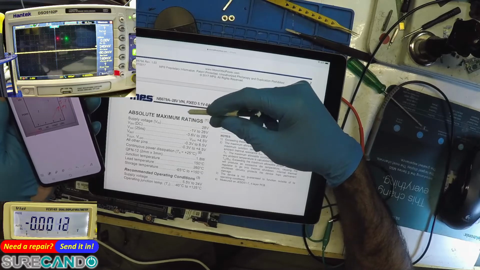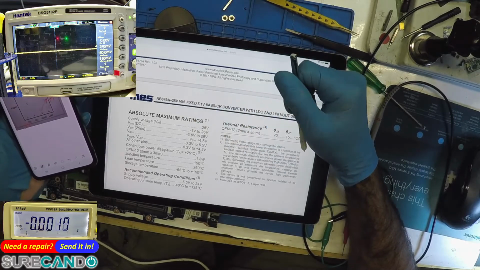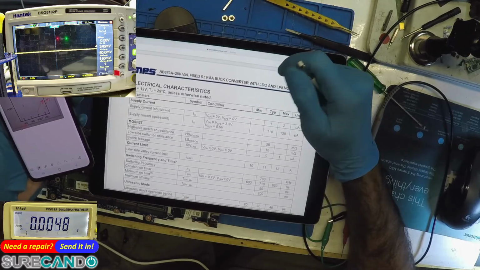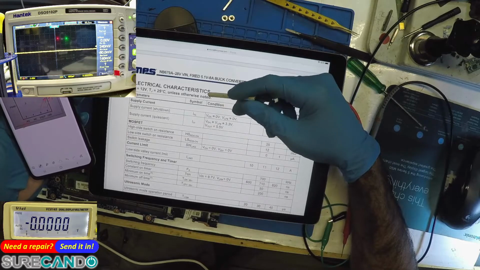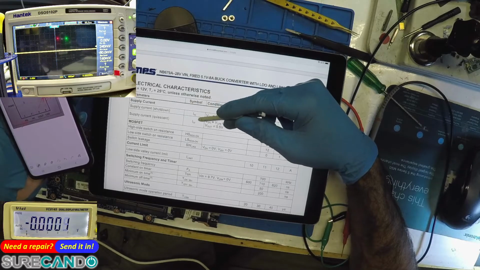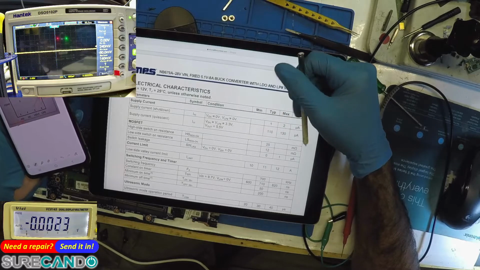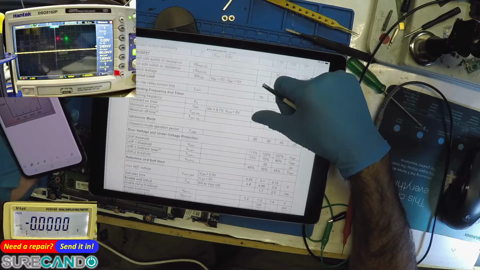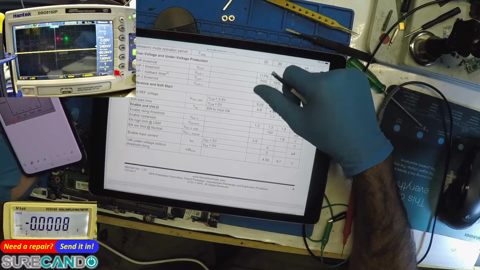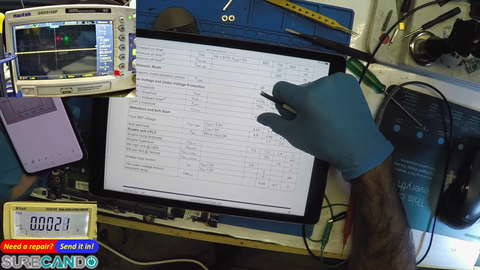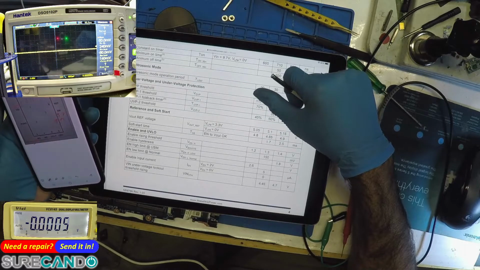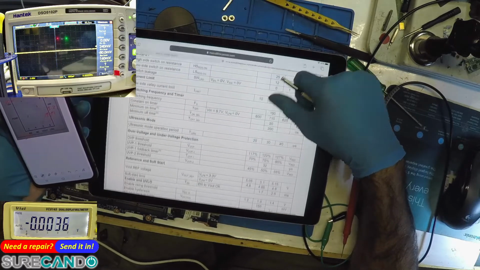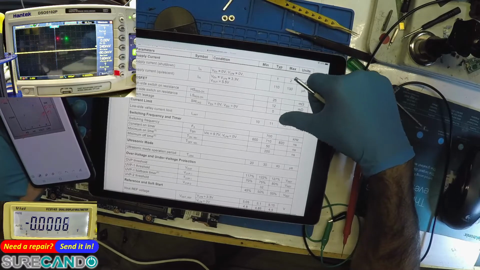Supply voltage, these are maximum ratings. Yeah. Okay. Typical.